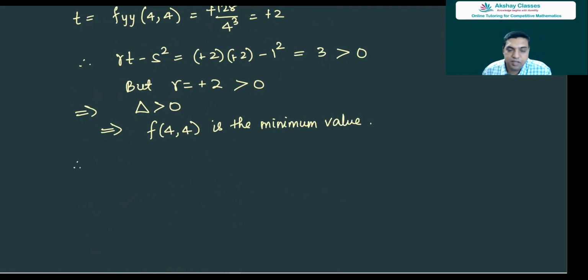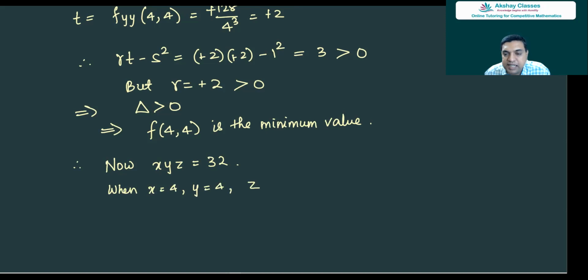Okay, so now xyz is equal to 32. So when x equal to 4 and y equal to 4, z is 32 by x and y.